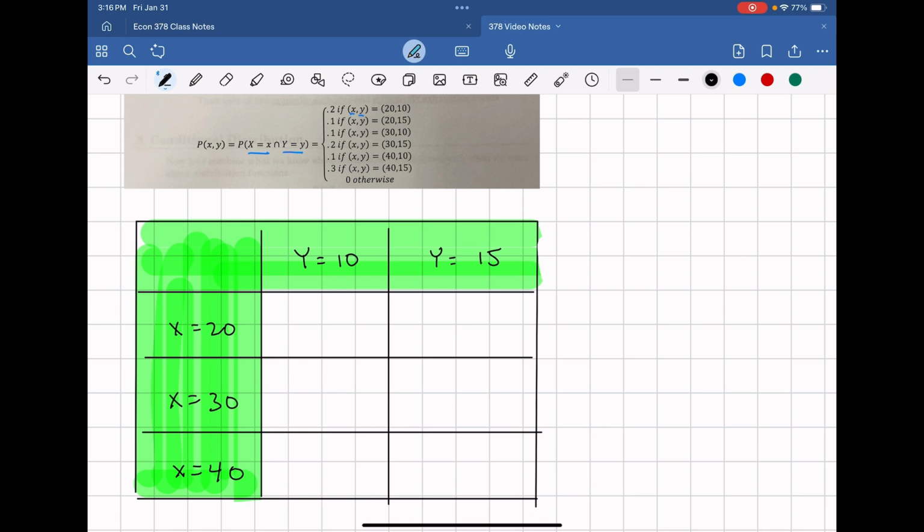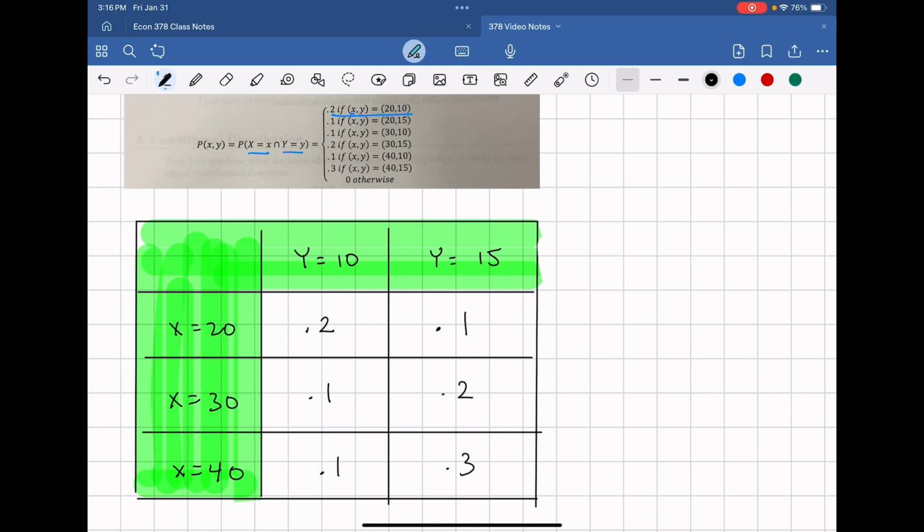I can then look at the table, and when x is 20 and y is 10, that's this first observation there, then the probability is 0.2. When x is 20 and y is 15, the probability is 0.1. And I can keep working through this table accordingly to have that match what we have.